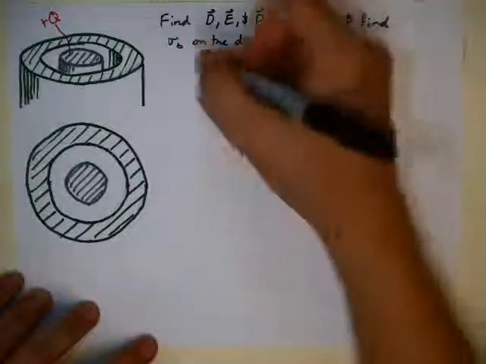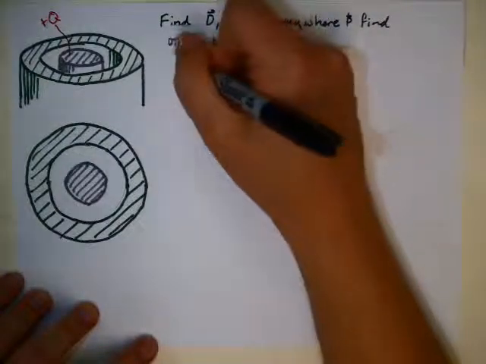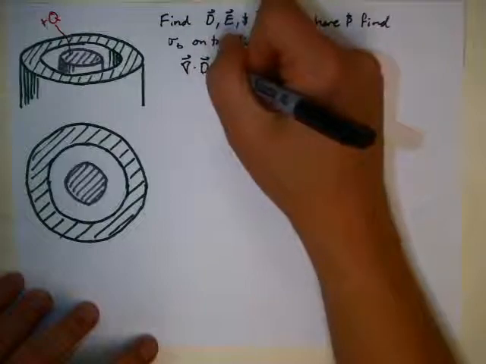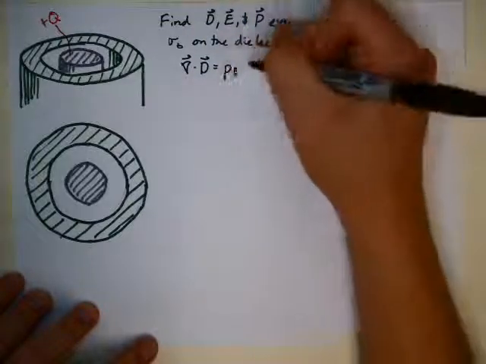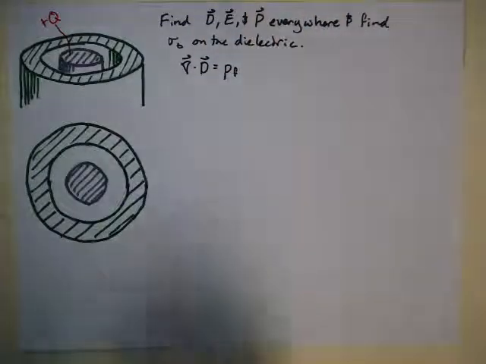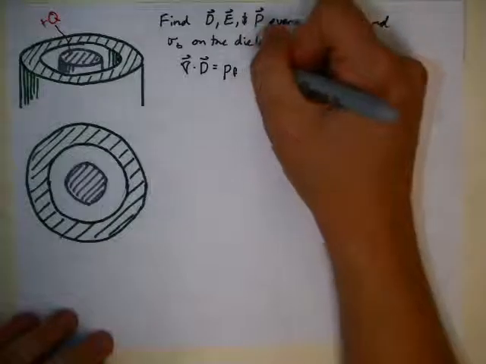The macroscopic Maxwell's equation is del dot D is equal to rho free. For us, we don't so much care about that.